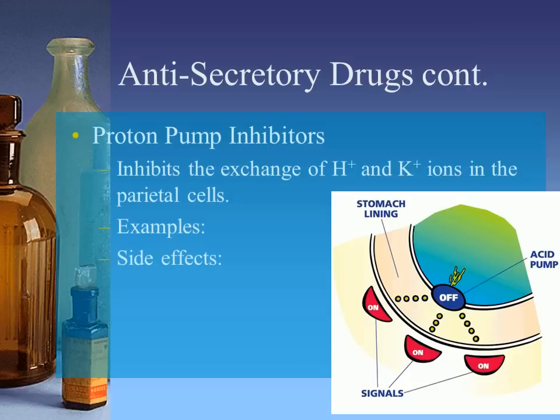Well, what happens is these proton pump inhibitors go in and block the pump. Basically, they shut the pump off. And so as a result, they can't pump out the hydrogen ions. They decrease the acid in the stomach.